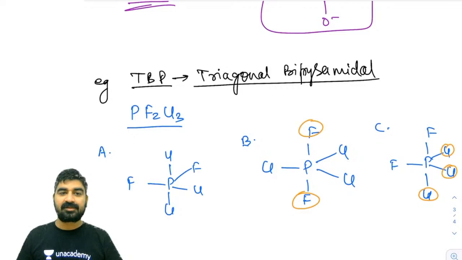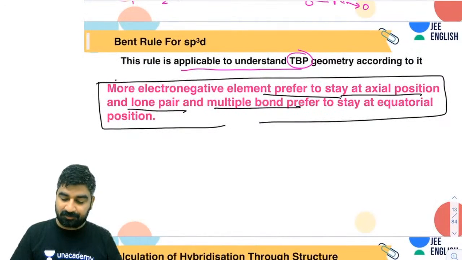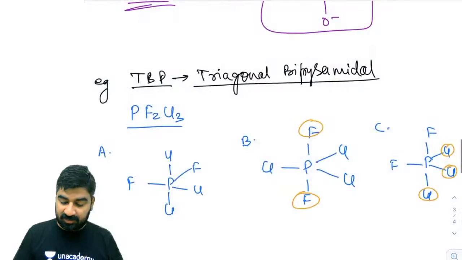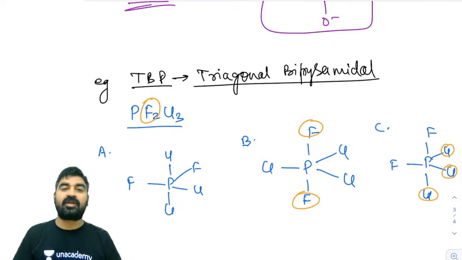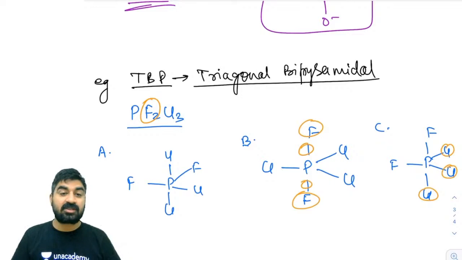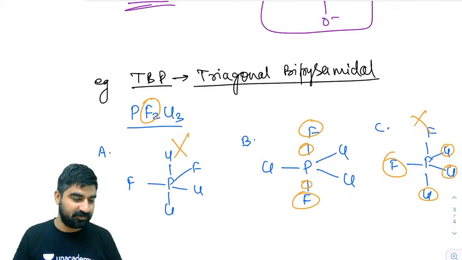So as per this rule, as per the bent rule, the more electronegative element prefers to stay at the axial position. Lone pair and multiple bond will prefer to stay at the equatorial. So, guys, here fluorine is more electronegative, so it will move to the axial position. That is right. So these two options are wrong because fluorine is present at the equatorial.